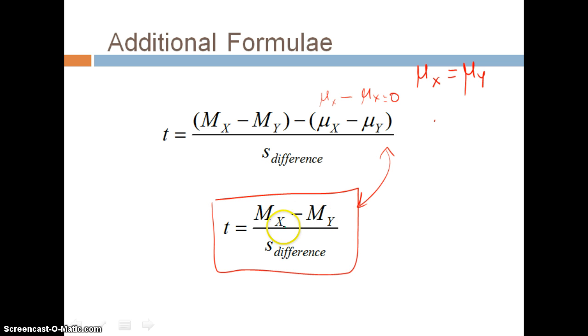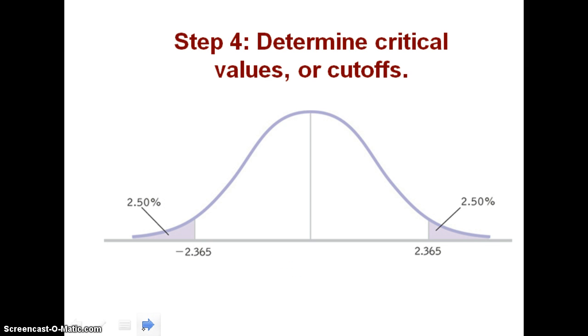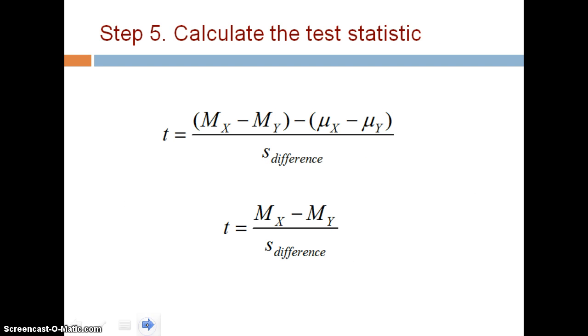So the mean of our x's minus the mean of the y's divided by the standard error of the difference. We find our critical values, and we base this on our degrees of freedom, which is n minus 2, in this case 7. And here are our critical values. It's a two-tailed test.